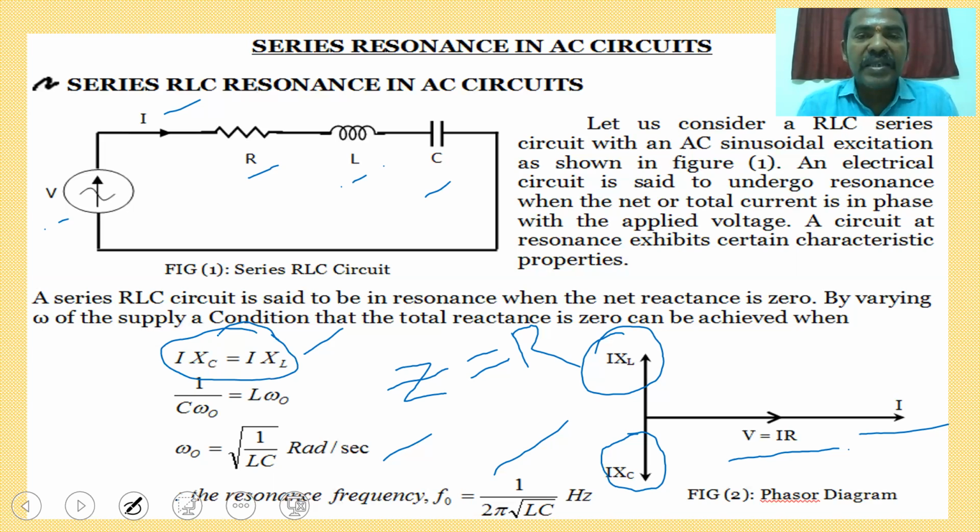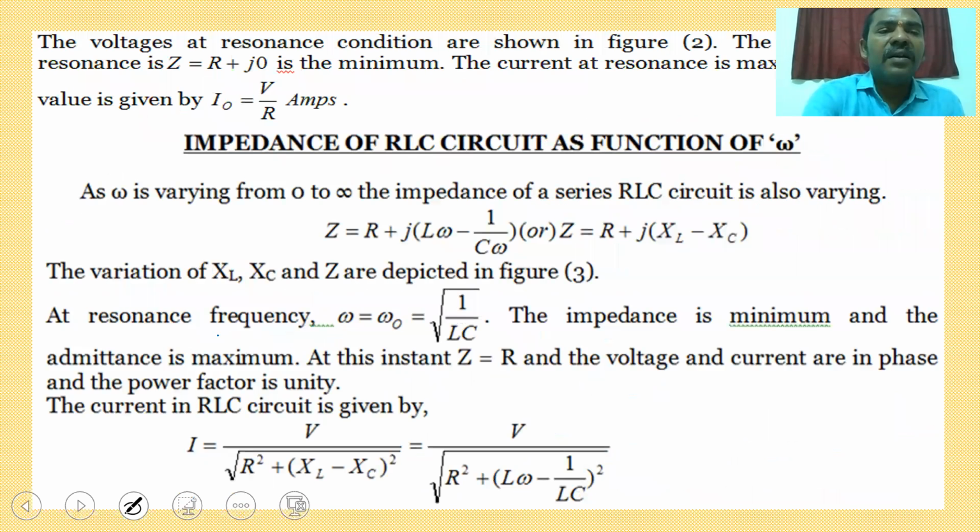The voltage drop across the inductor must be equal to the voltage drop across the capacitor, and the supply voltage must be equal to the voltage drop across the resistor. These are the conditions you get under resonance. Are you understanding? Okay, then the resonating current at resonating condition is I naught equal to V by R.